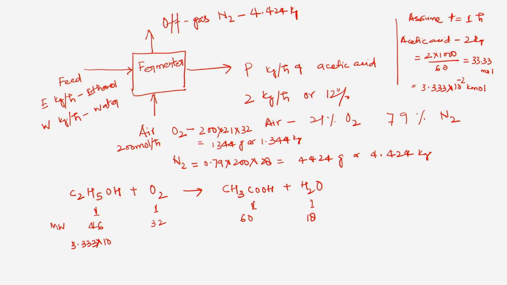Same for oxygen also, 3.333 into 10 to the power minus 2 kilomole has been utilized, and the water formed is 3.333 into 10 to the power minus 2 kilomole.